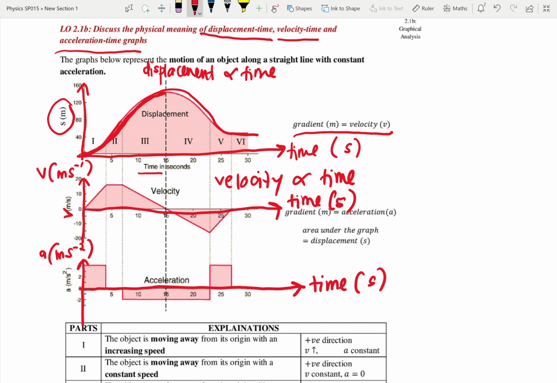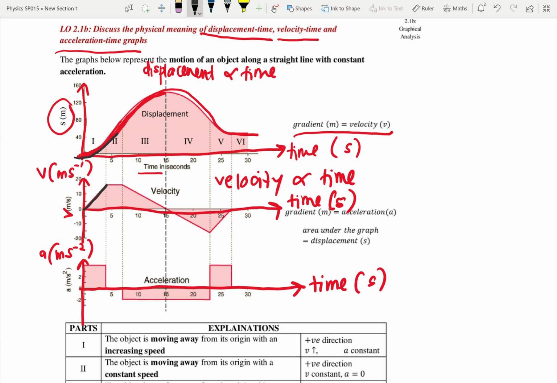Look at this area. At this area the gradient is increased. So that means velocity increases, because the gradient of displacement against time represents velocity. So in this area velocity is increased as well.